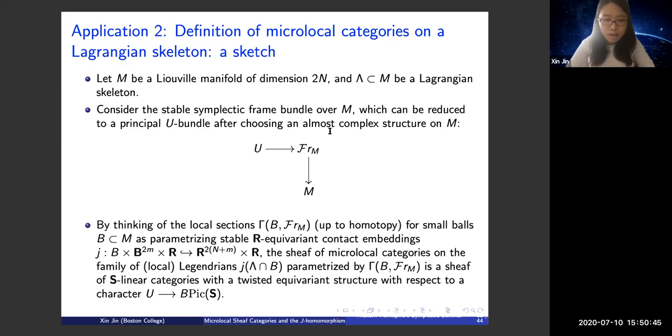And this has some nice structure: with respect to the U action on the fibers, it's twisted equivariant with respect to a character, which gives you a local system on U with fiber mod S. Then the idea is to do some twisted equivariant descent, and you ask when this sheaf of categories on this larger space can descend to a sheaf of categories on Lambda.